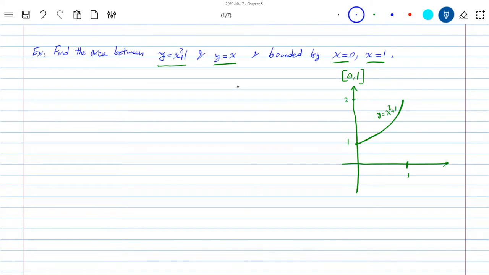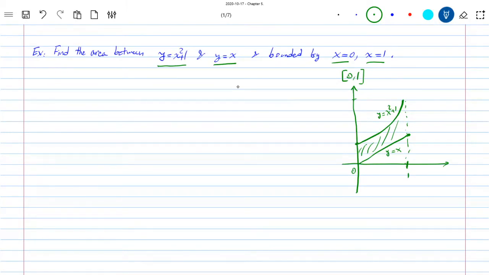The other function, y equals x, is a straight line at a 45-degree angle, something like this. This is y equals x. Again, I only focused on from 0 to 1. What we want is this area between, as x changes from 0 to 1.